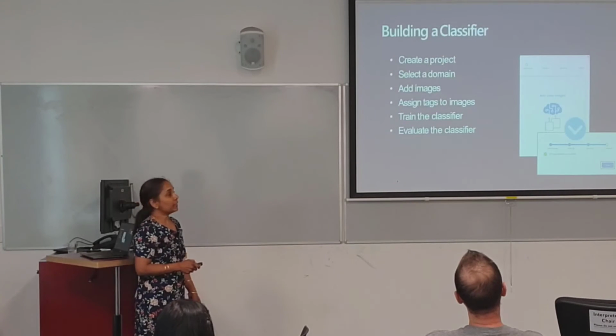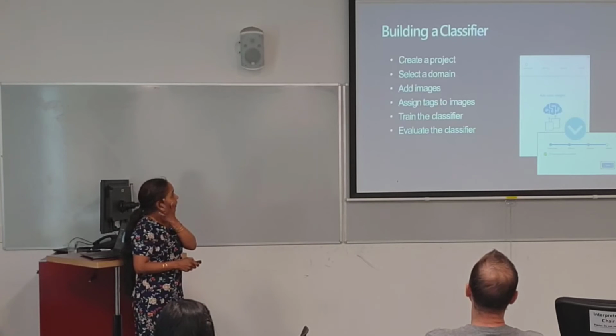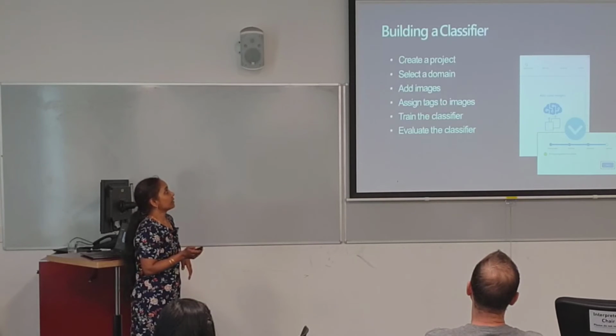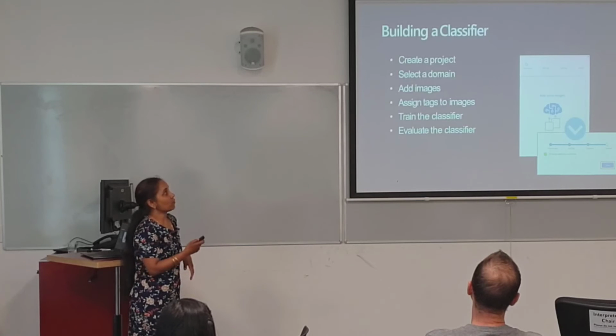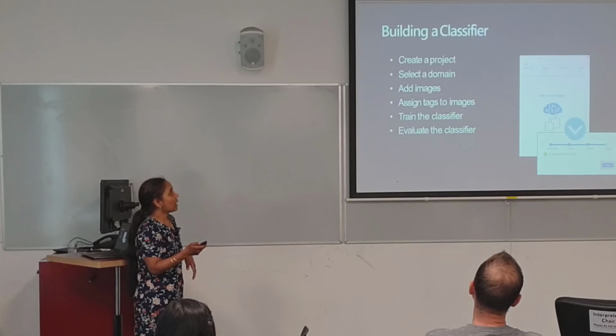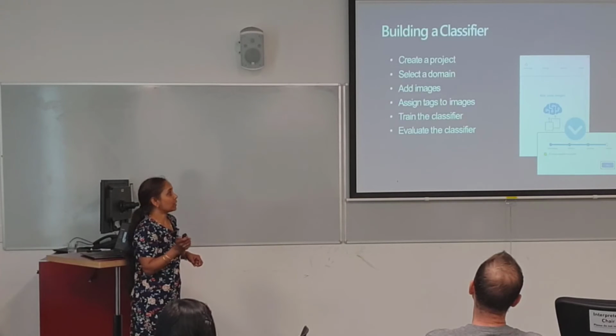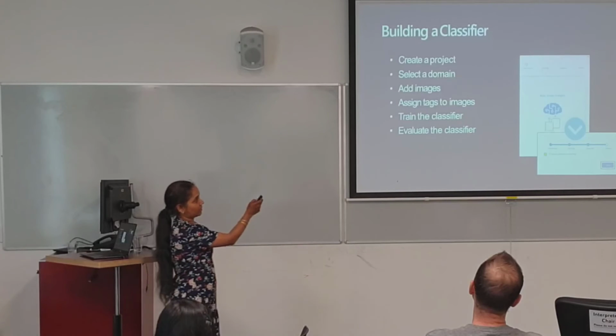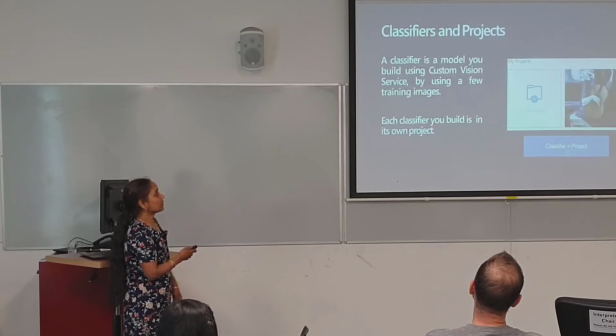So now how do we build a classifier? You go to the website, create a project, select a domain, add images, assign tags to those images, train the classifier and evaluate. Those are just the steps, and it doesn't take long.